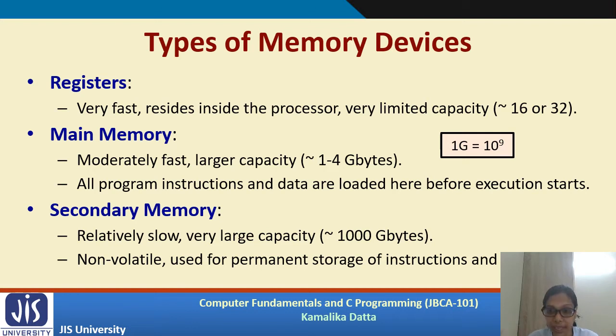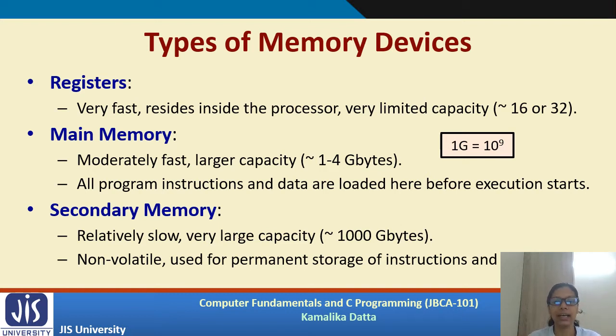So we bring the data and instruction into main memory for execution, but we cannot bring everything there. So we need another memory where we can store everything, which is secondary memory, which is relatively slow, but it has a very large capacity of 1000 gigabytes or even more.